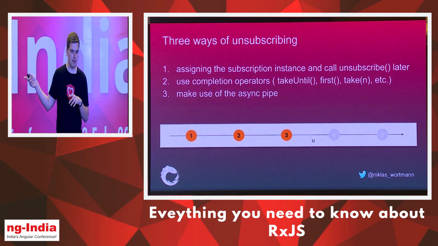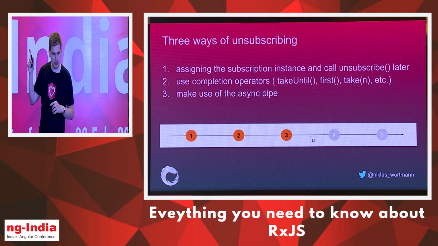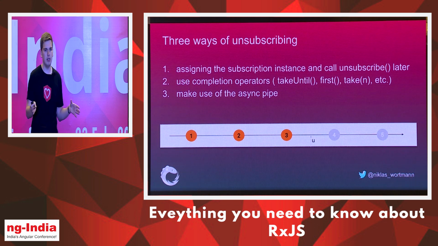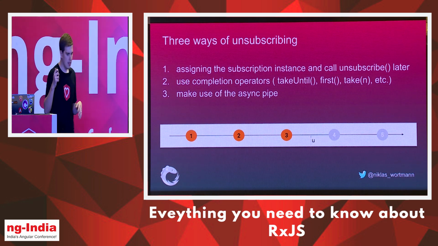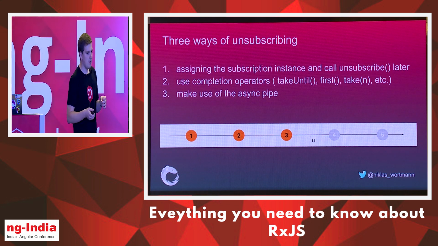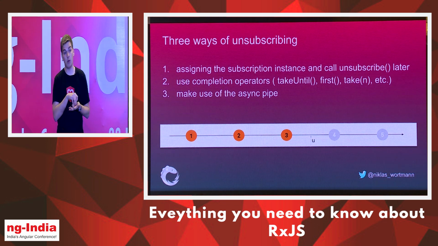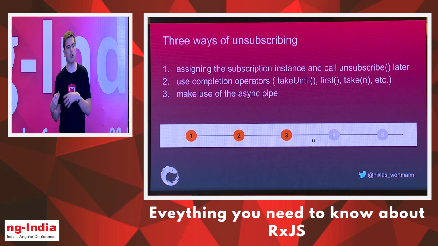I don't talk about all of them, but I talked about take until and how it works. Use one of them, and afterwards your observable completes immediately. You won't get any new notifications, and you're good to go. And the last way of handling unsubscription is to use the async pipe, because besides subscribing, it also unsubscribes from your observable according to your component lifecycle.